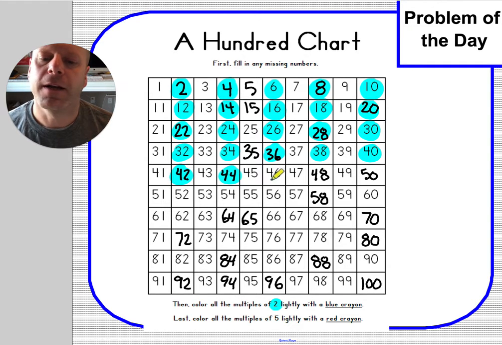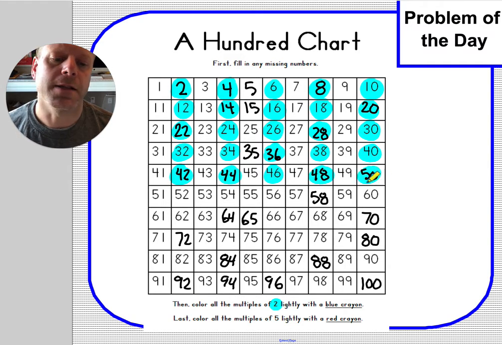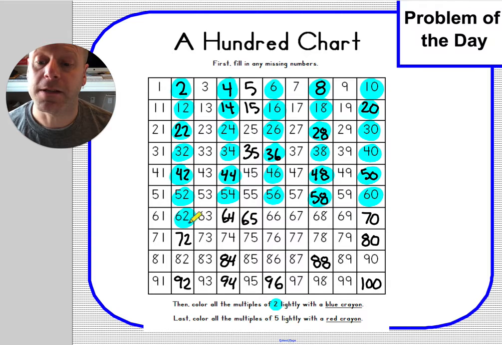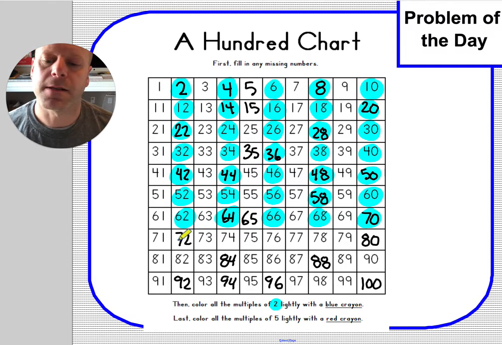There are no surprises. Everything's very predictable. It makes sense. All of these numbers are considered even. They are multiples of 2.